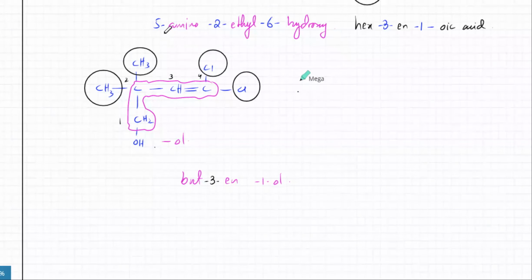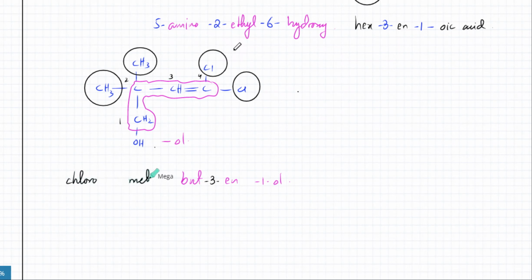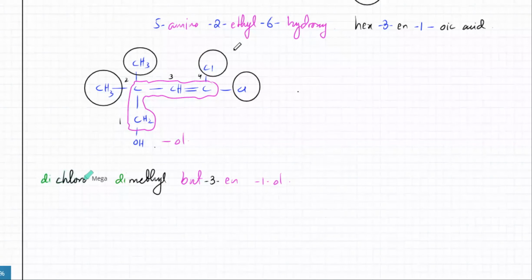So chloro alphabetically comes first before methyl, and both of them are two branches, which is why it's going to be dichloro and dimethyl, because there are two of them. And you have to give the position of each one of them.